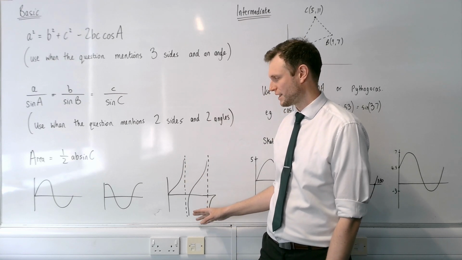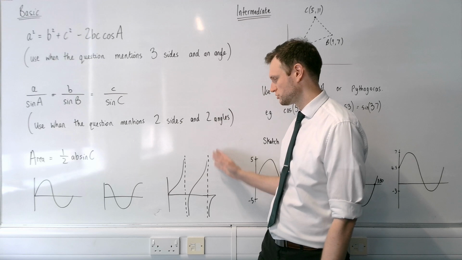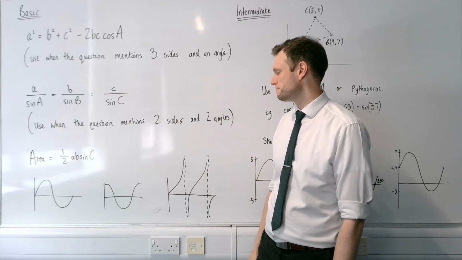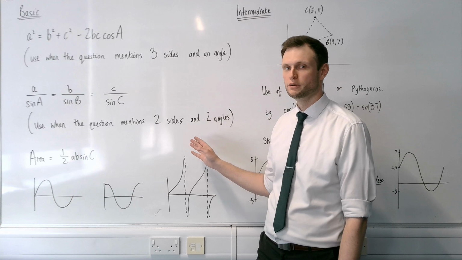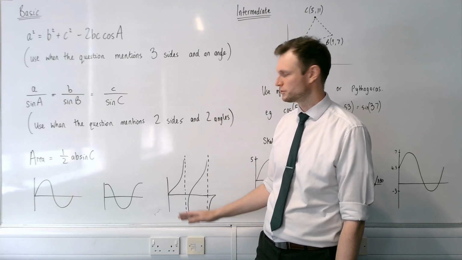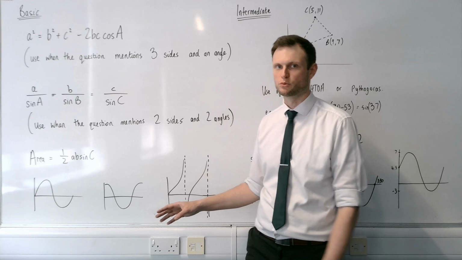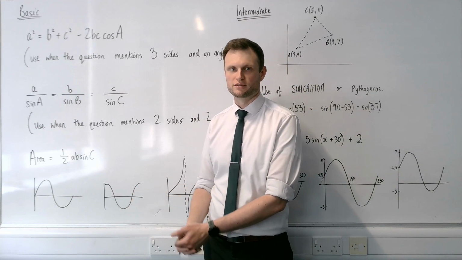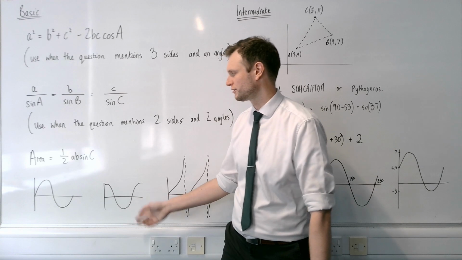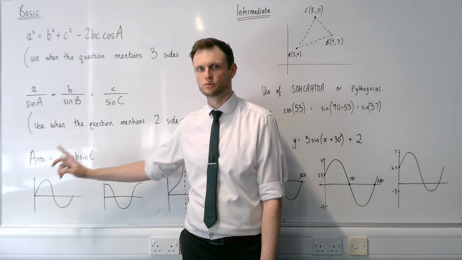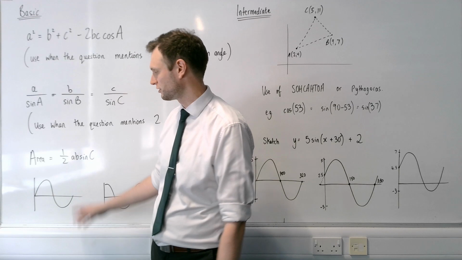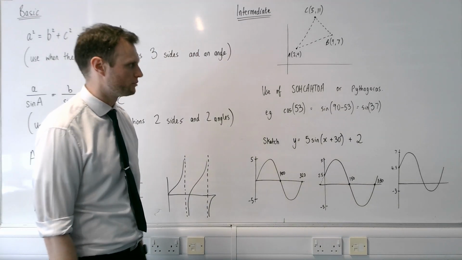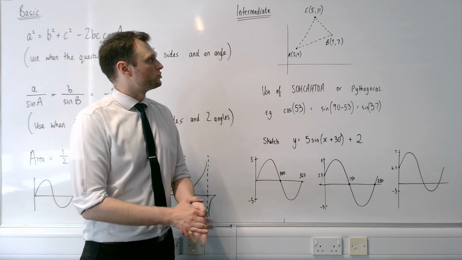Tan has asymptotes at 90 degrees and 270 degrees, but there's no maximum or minimum point, so you can always solve tan x equals a constant. So you could solve tan x equals 2, but you can't solve cos x equals 2 or sine x equals 2, because they just don't have solutions outside of that 1 to -1 range.